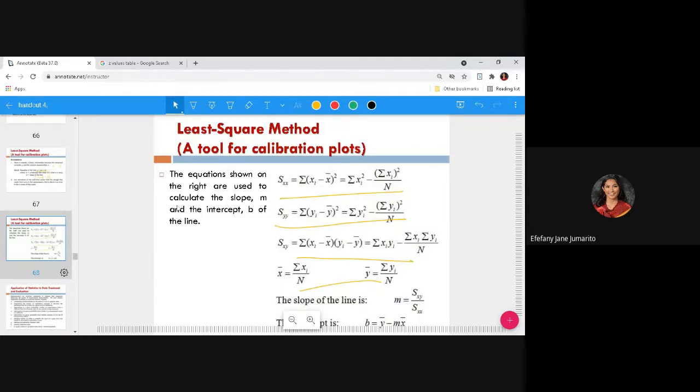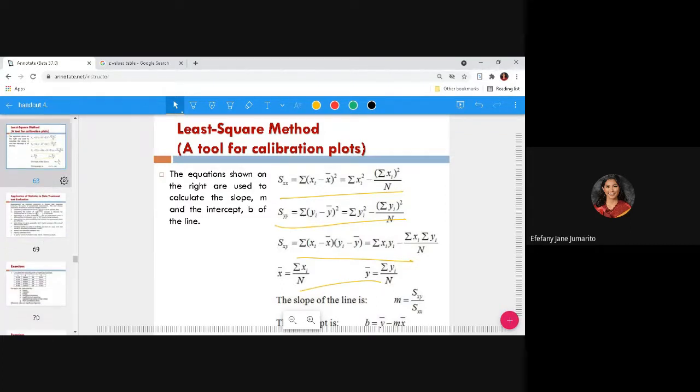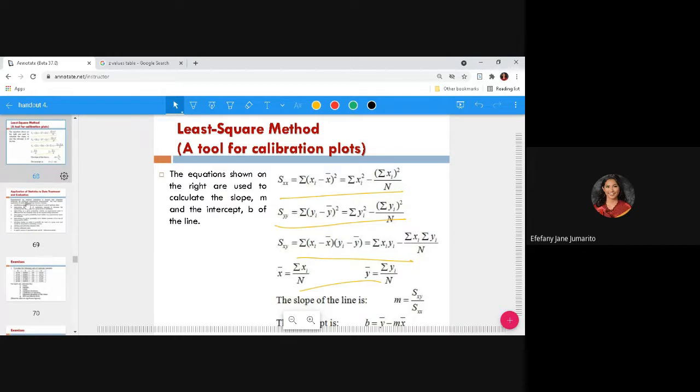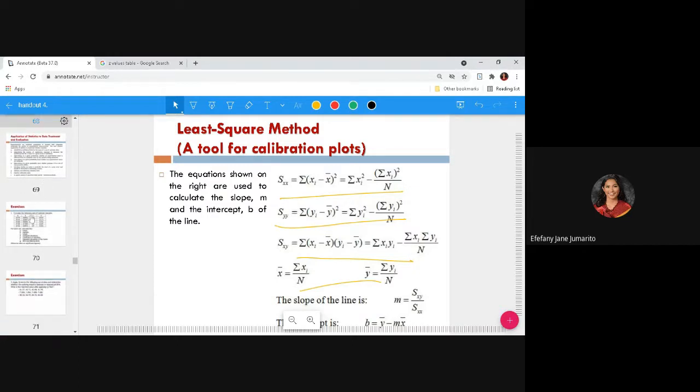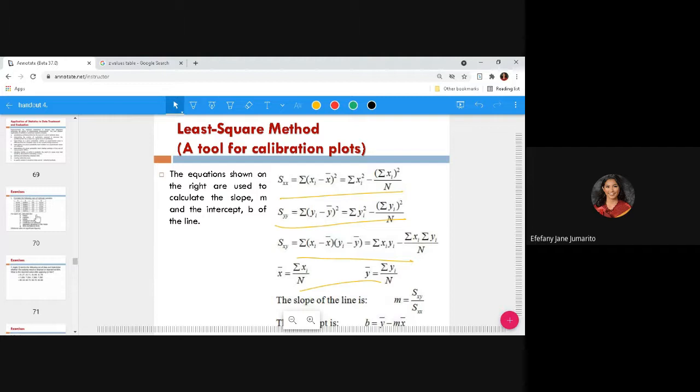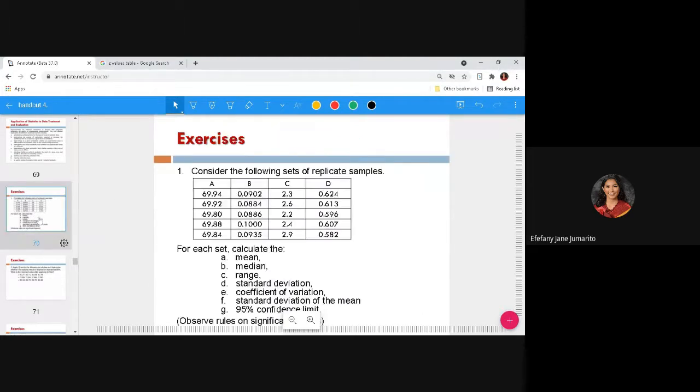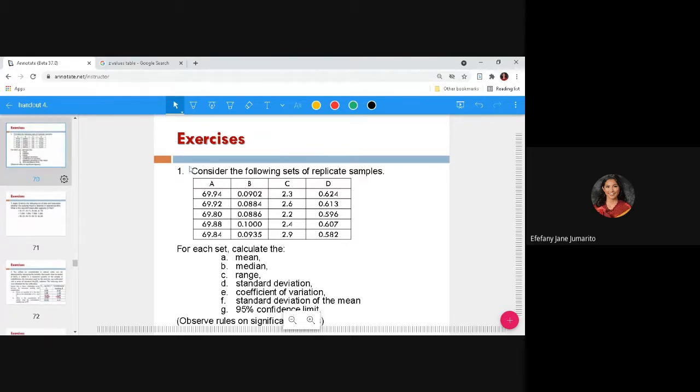That's why in a laboratory, the chemist or the analyst all use Excel, because in Excel we can perform many calculations, including your regression. So we will calculate the regression later.